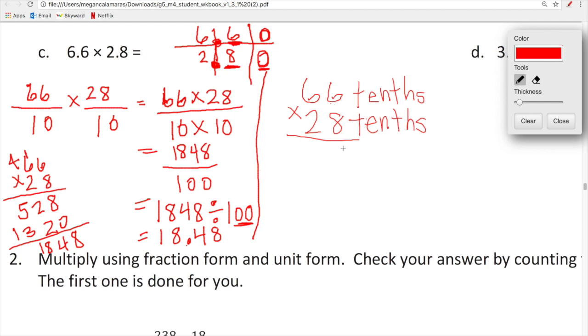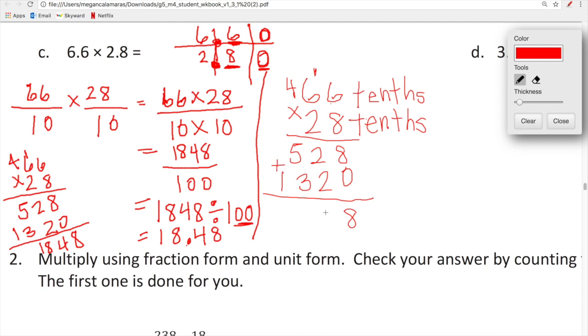So 6 times 8 is 48. 6 times 8 is 48 plus 4 is 52. 2 times 6, or 20 times 6, don't forget to put your 0, 2 times 6 is 12, and then we carry our 1, 2 times 6 is 12 again, plus 1 is 13, so now we just add them up.